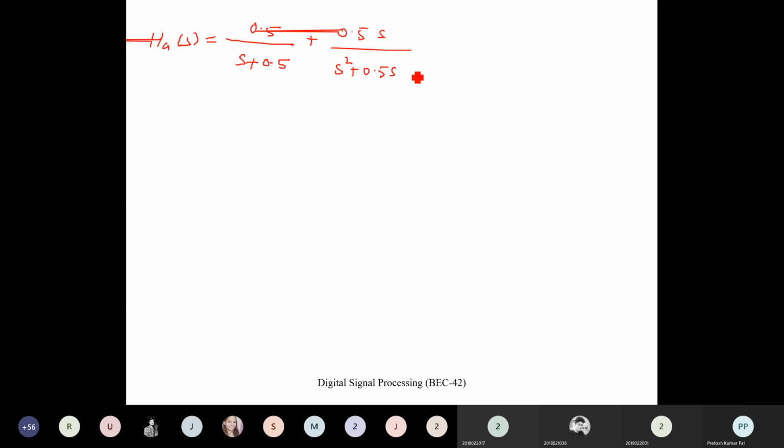There is some issue with the pen. Okay, so this will be represented this way, so this could be converted into this.